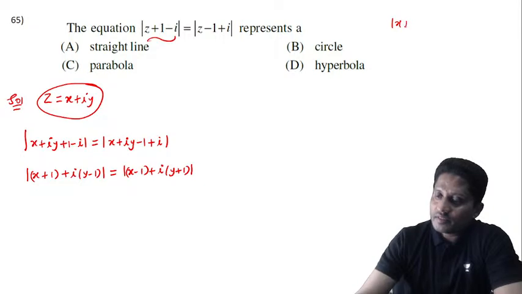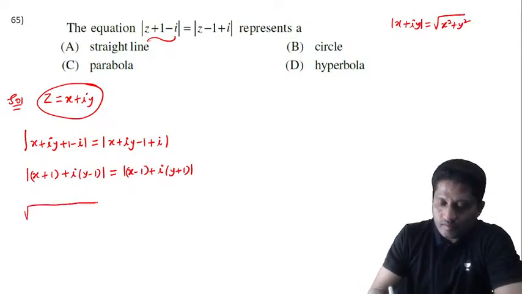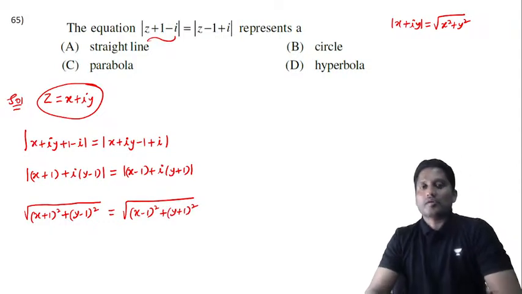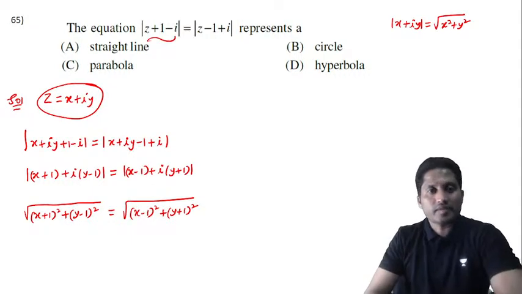Mod of x plus iy is equal to root of x square plus y square, so this is root of x plus 1 the whole square plus y minus 1 the whole square, equal to root of x minus 1 the whole square plus y plus 1 the whole square, because mod of x plus iy is root x square plus y square.